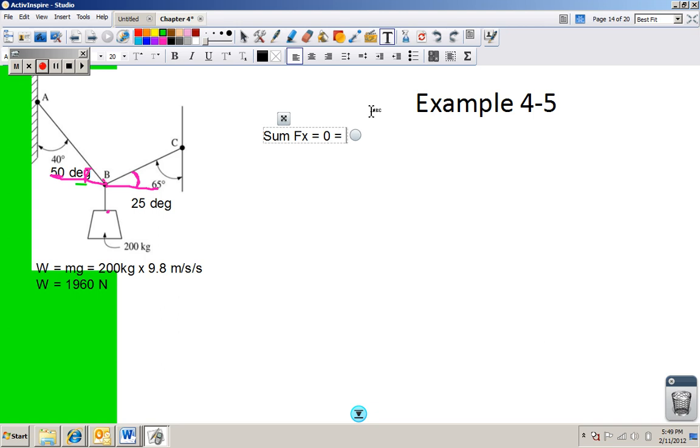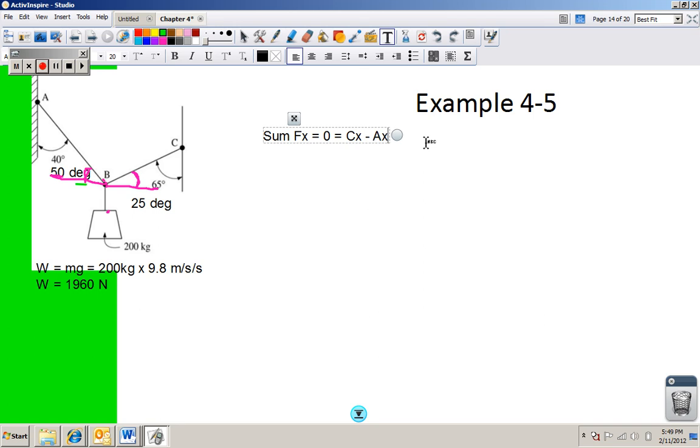All right, and we're just going to call the forces A up there and C here. Okay, so A and C both have an x component. Cx is positive, and Ax is in a negative x direction.